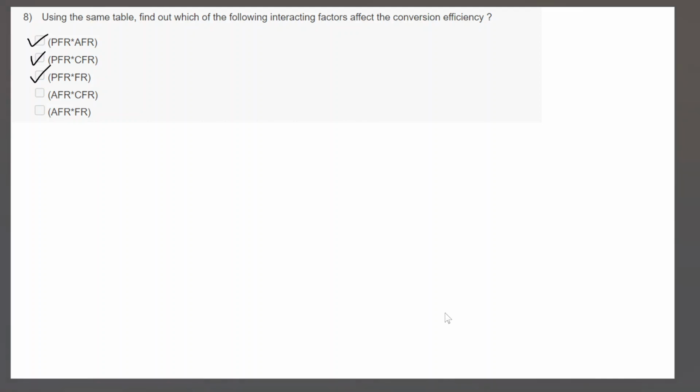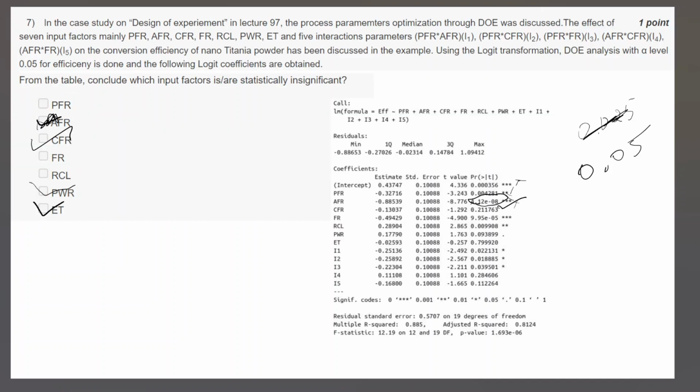How do we find the interaction factors for the conversion efficiency? What are the interaction factors?